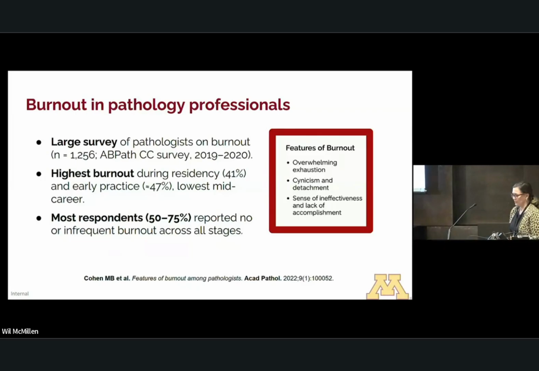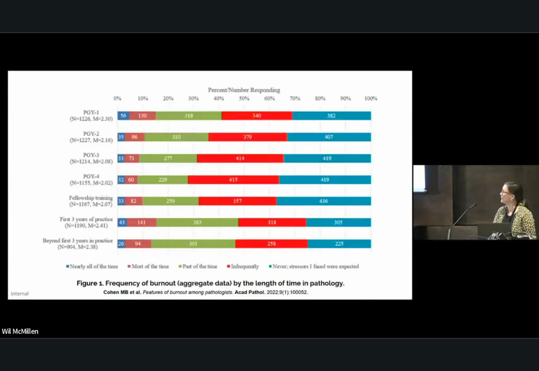So they really focused on the PGY years and those early years after. Overall, they said compared to other specialties, pathology is still doing relatively well, but especially during those early practice years, there's still a pretty high level of burnout, with almost half responding.